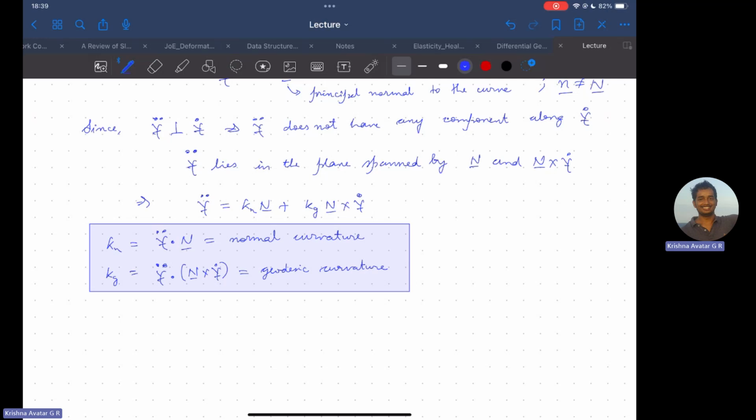So now let's try to determine the expressions for the principal curvature kappa.